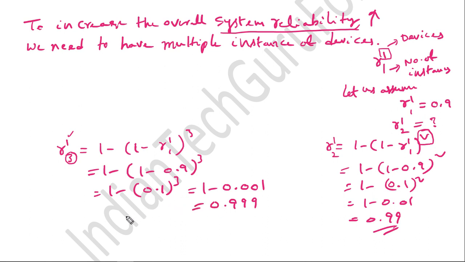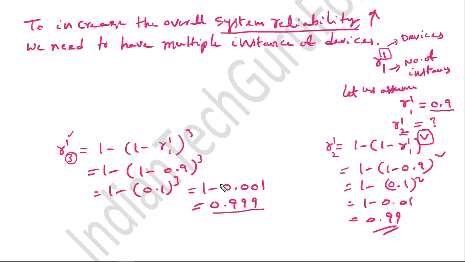So this is the reliability whenever we have three instances of device 1, whose reliability is 0.9. With two instances, the reliability will be 0.99. With three instances, it will be 0.999.